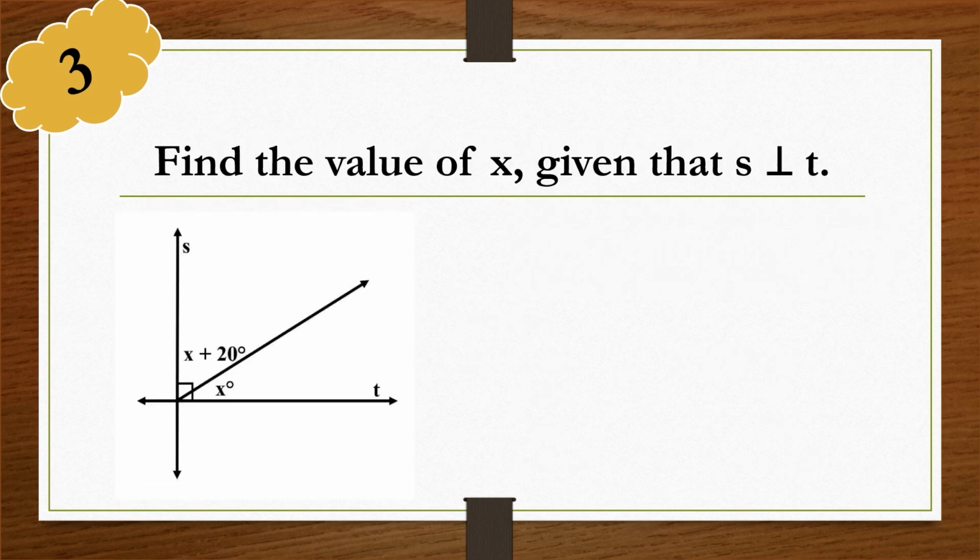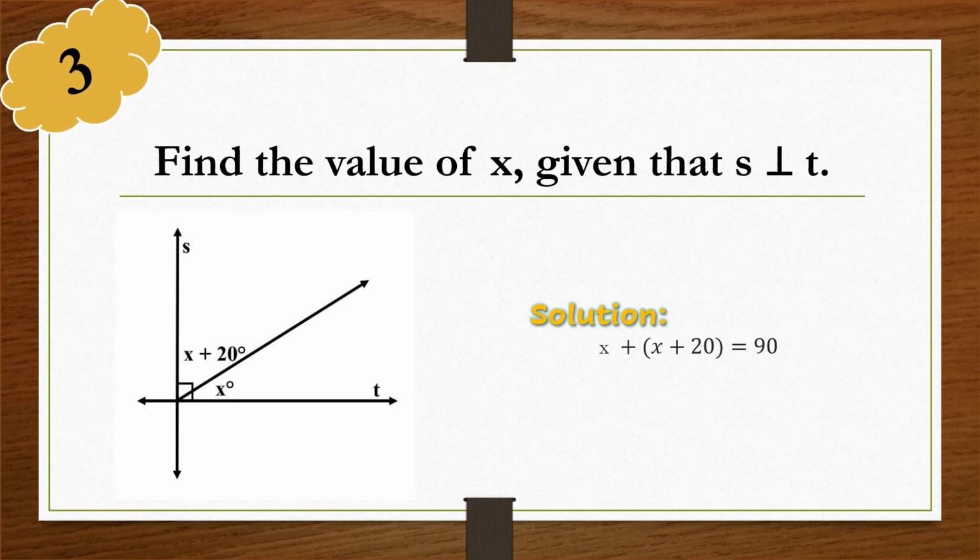Find the value of x number 3. The given angles are x plus 20 degrees and x degrees, which forms a right angle. To solve for the value of x, we have to equate the given into 90 degrees. So we have x plus 20 is equal to 90.